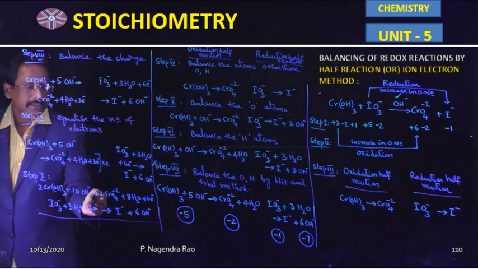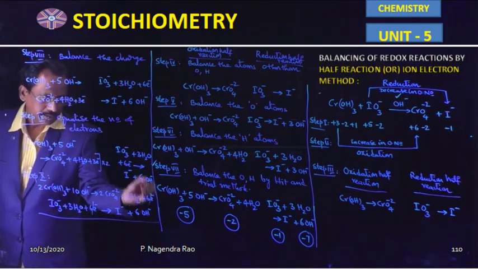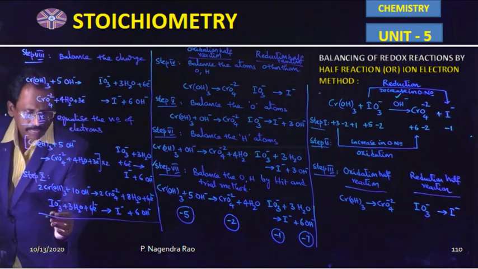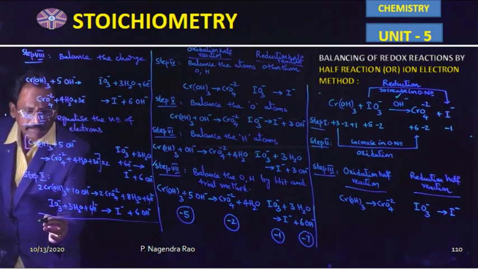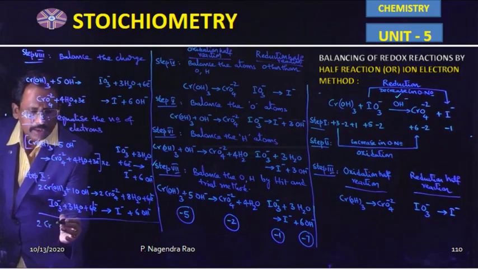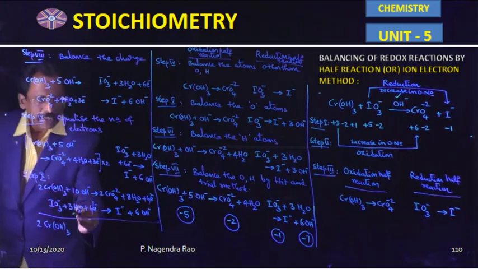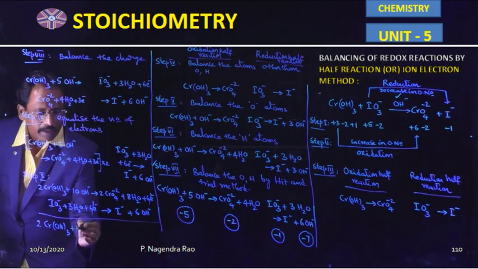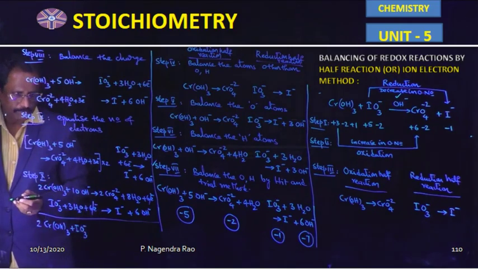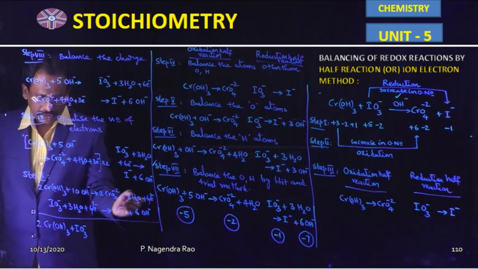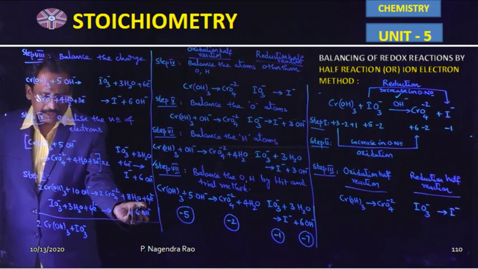Cancel the electrons number. Now the final answer is 2Cr(OH)3 plus IO3⁻, here in the reactant side 10 OH⁻, in the product side 6 OH⁻.